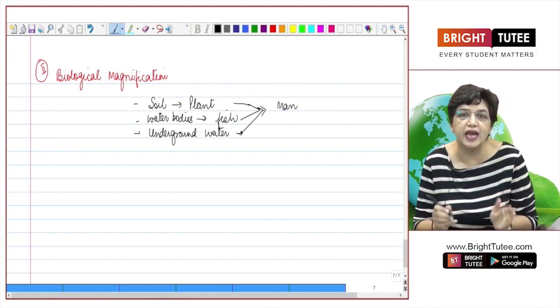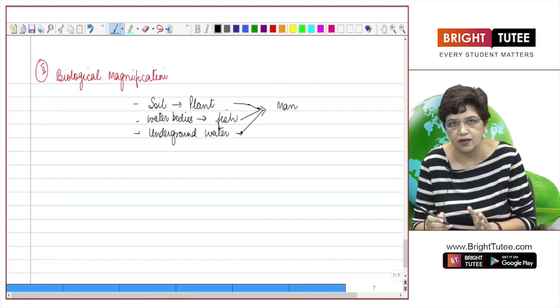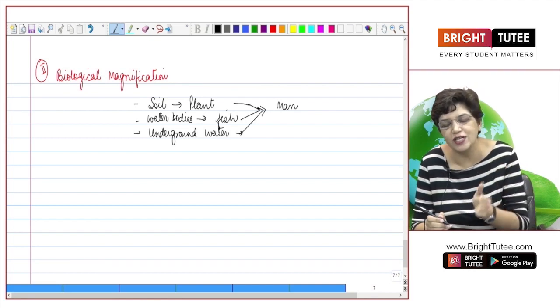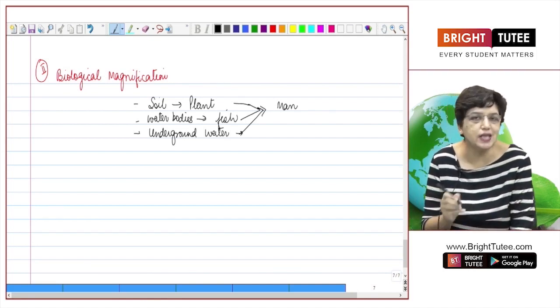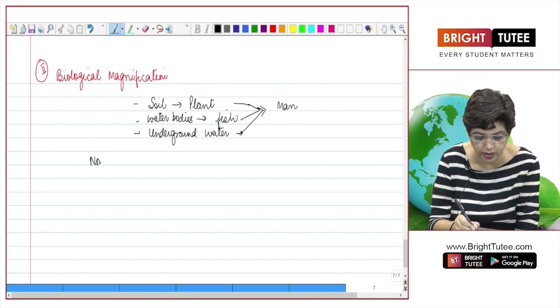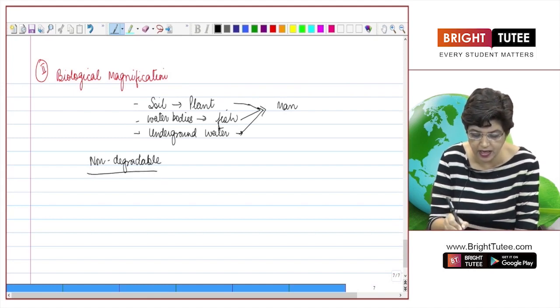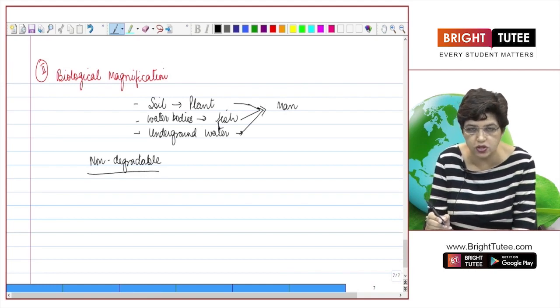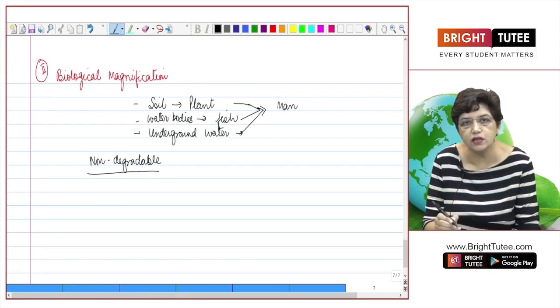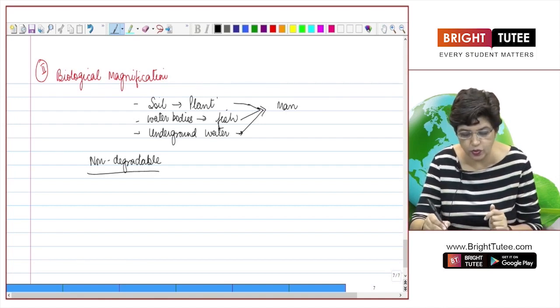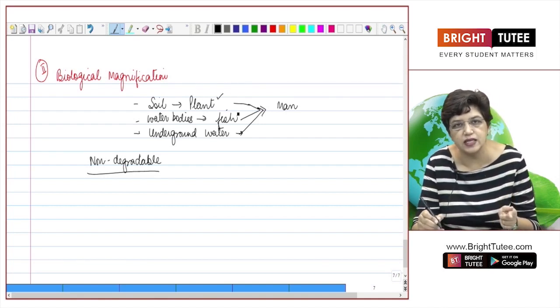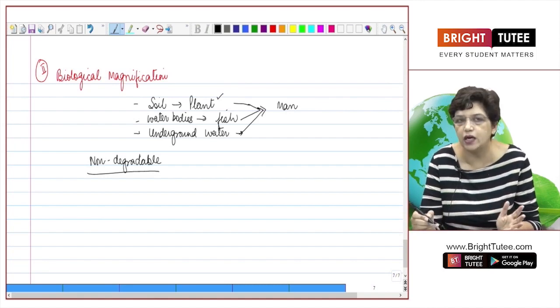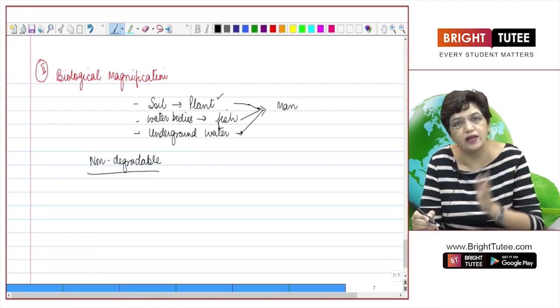Once these harmful chemicals enter the food chain, they travel from one trophic level to another. All these harmful chemicals are non-degradable. They remain in nature as such. They do not get degraded by the action of decomposers. So once the plant is eaten by any herbivore, those chemicals will enter their body.